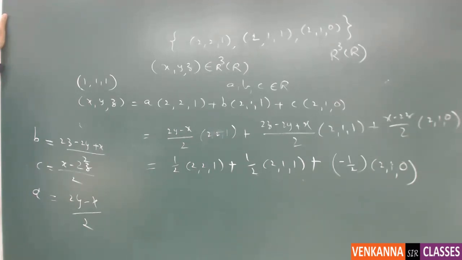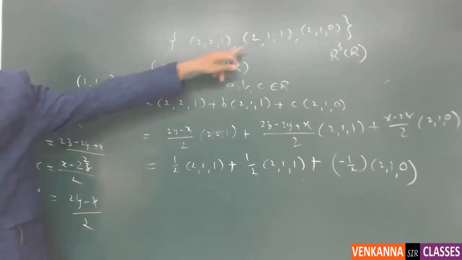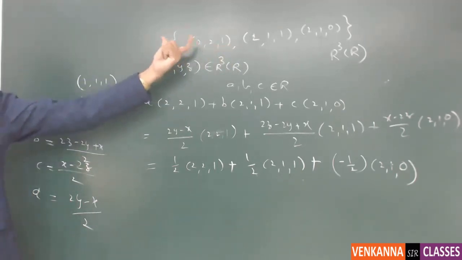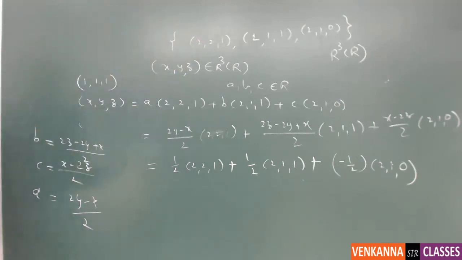So you have found a unique expression for the coordinates. It means that every vector (x, y, z) in R cube, you can write it as a combination of these three vectors. So the set is a spanning set for R cube.